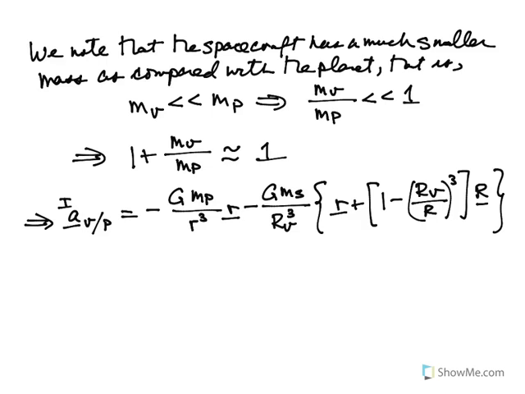Now, what we can do is we can actually write this a second way, which is that we can look at the inertial acceleration using the original quantities.